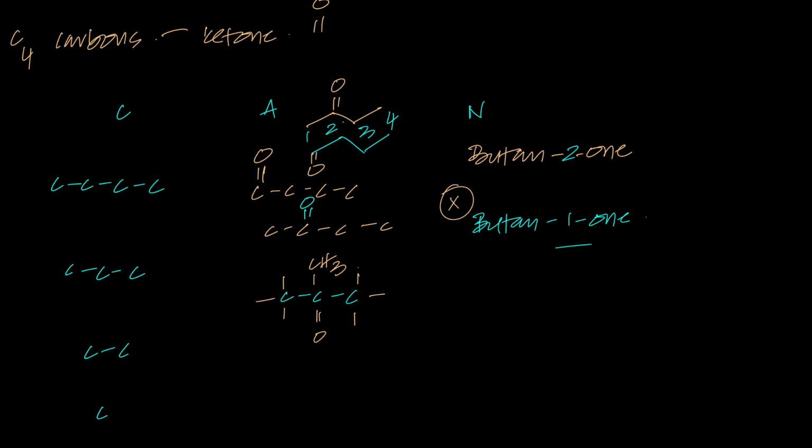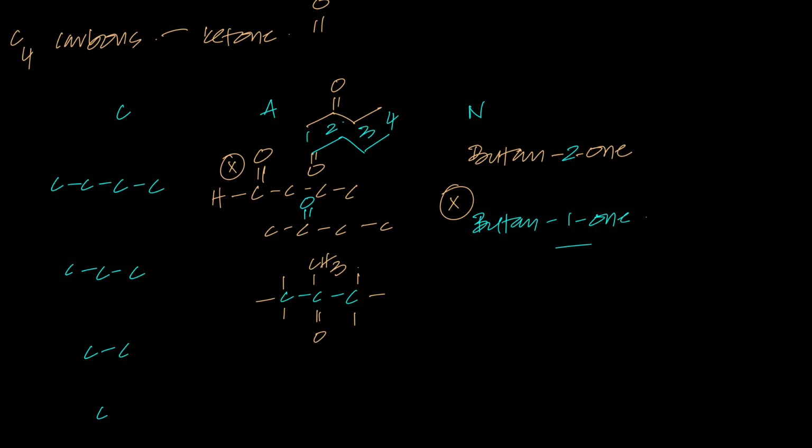Sir, please use your brains. Now tell me. Nobody corrected me. I'm just moving on, expecting that somebody will tell me. Nobody's telling me anything. This is not butan-1-one, because this carbon is bonded to a carbon and bonded to an oxygen, which means that this bond is with a hydrogen.